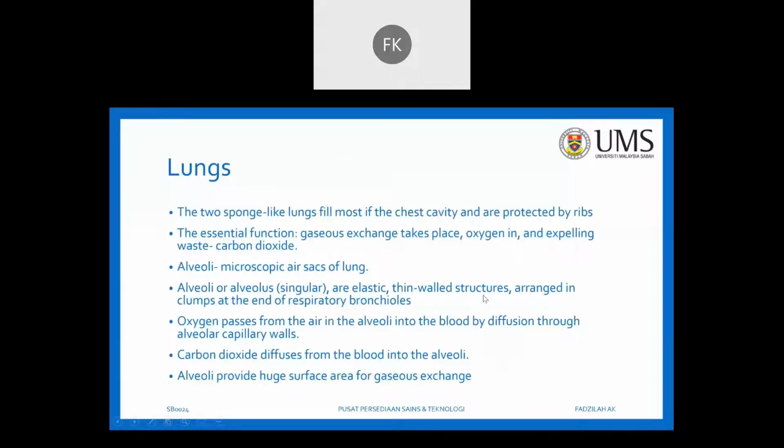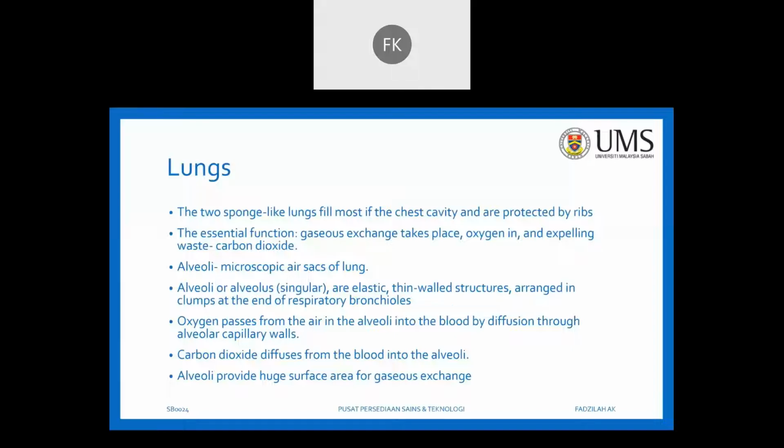The two sponge-like lungs fill most of the chest cavity and are protected by ribs. The essential function of the lungs is for gas exchange to take place: taking oxygen in and expelling waste, which is carbon dioxide.